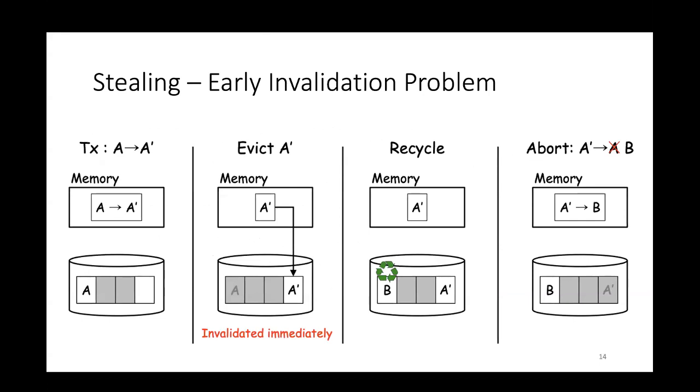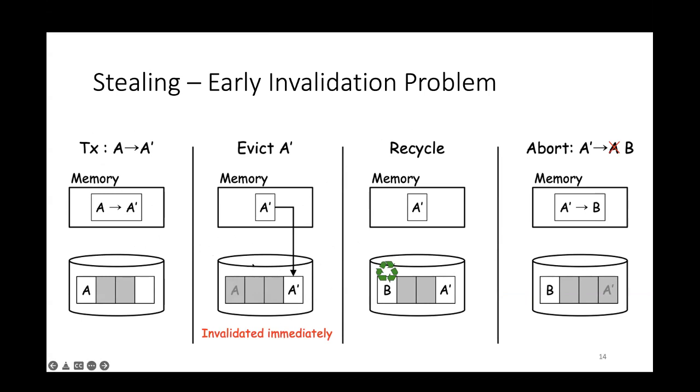So if we want to steal pages from memory, or swap pages from memory to disk, the first problem we run into is this sort of early invalidation problem. So we have a transaction here where in memory, we modify A and we modify it to A prime. And later, let's say we want to swap A prime to the disk because we're running out of memory.